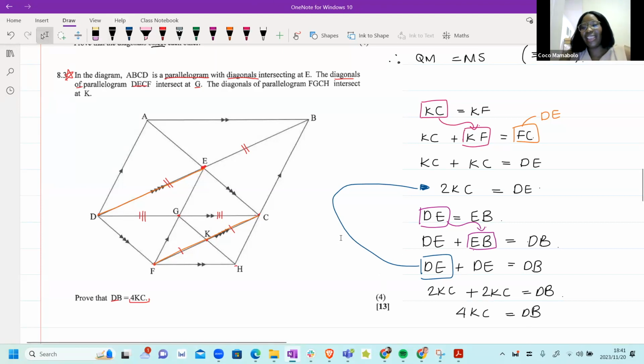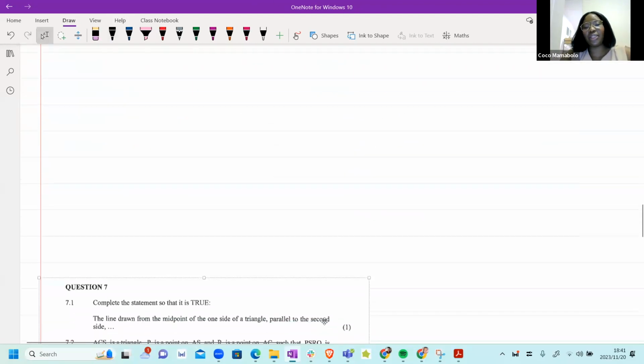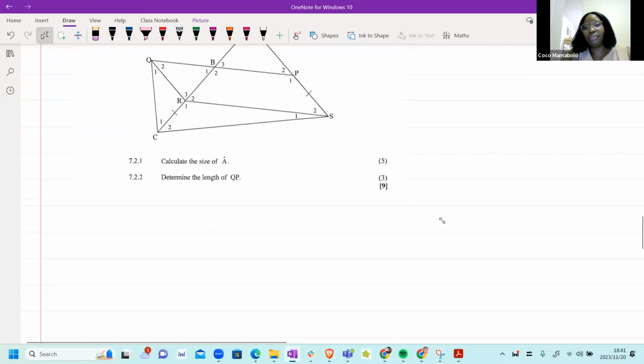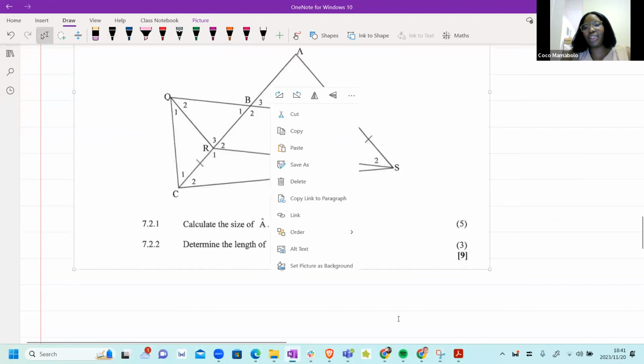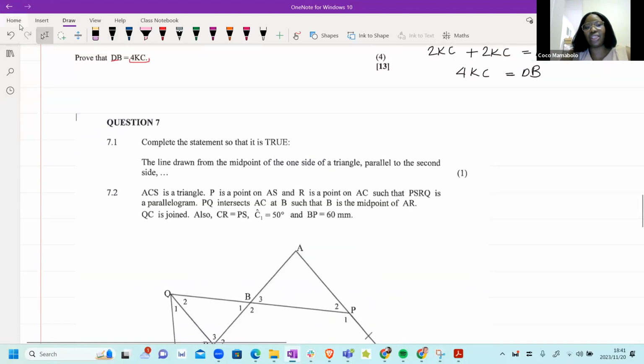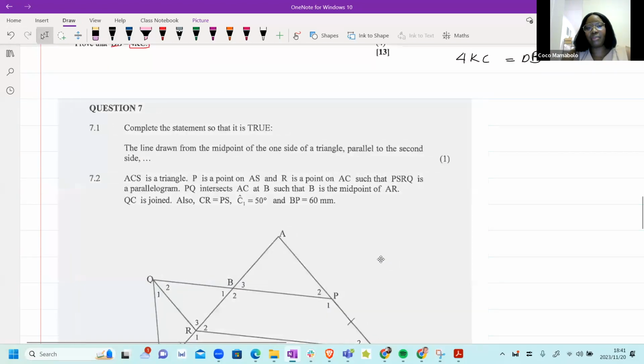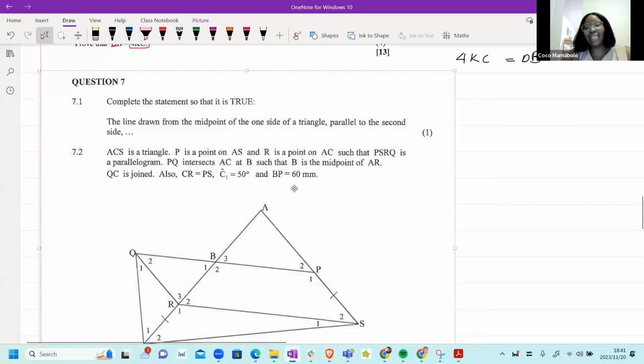Okay. All right. Let's move on to the next question. This next question is from a particular section. What do we call this section? What do we know this as? What section is this, guys? It's still Euclidean geometry, but a specific type of Euclid.